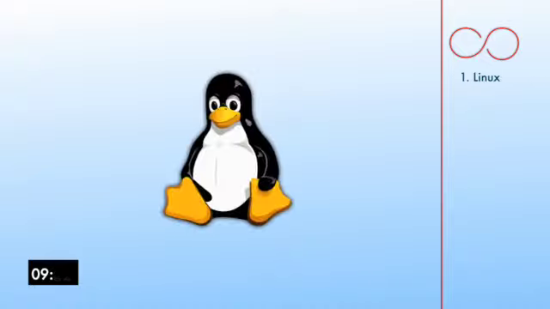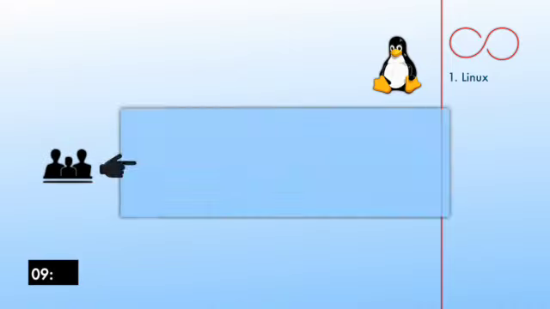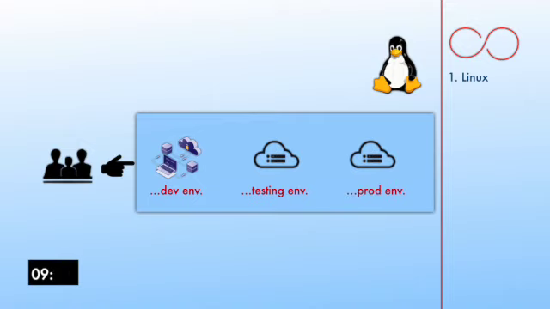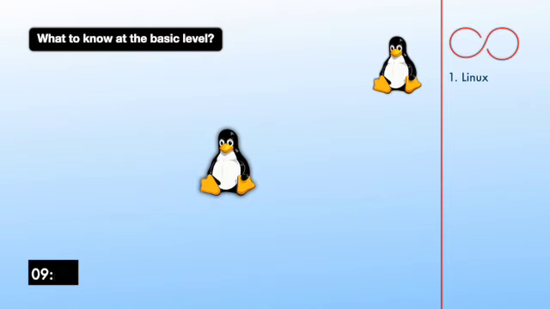Number 1 on the list, Linux. As part of DevOps teams, one tool that you must get right is a system for operating your application's development, testing, and production environment effectively. And the most common operating system for this is Linux.